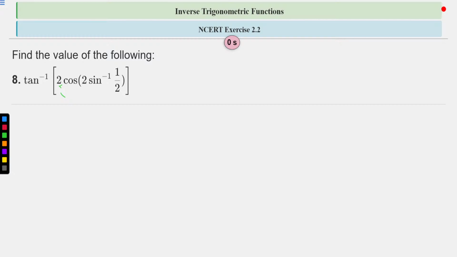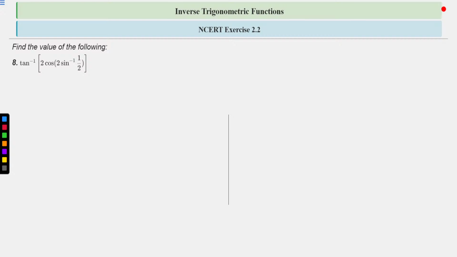So we can further simplify tan inverse tan of something. In this way, you can try to approach this question. You can also just put values. Let us move to the solution part.